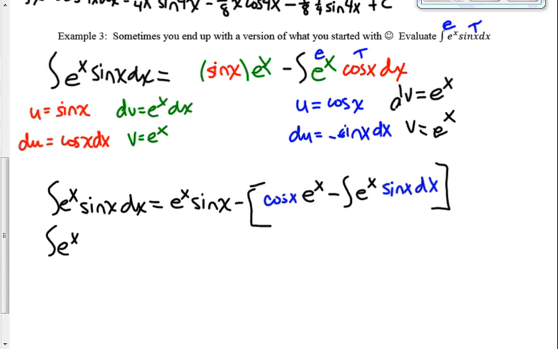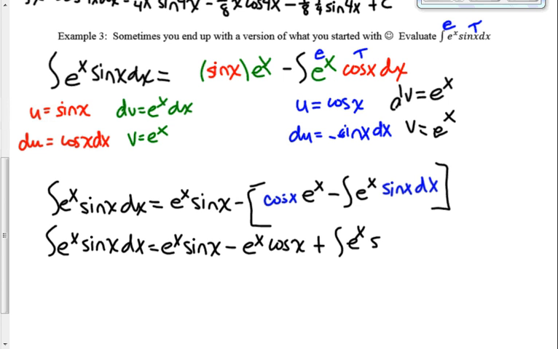So I have the antiderivative of e to the x sine of x dx is equal to e to the x sine of x minus e to the x cosine of x plus the integration of e to the x sine x dx. Oh shoot, sorry, in the line above my du is negative, so this should be a negative sine of x, which means this sign right here needs to actually be a negative.